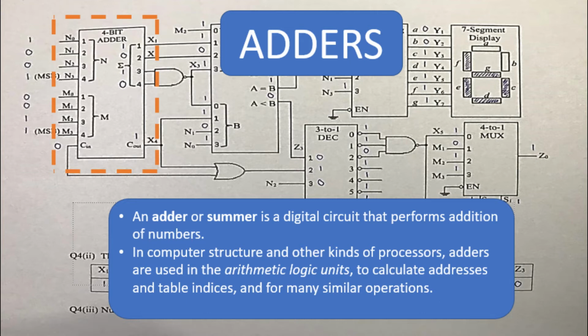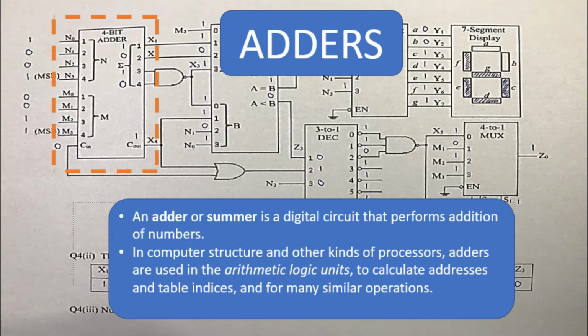At the input, first we have N and M. N has been given, and this is the MSB, so we need to read it from behind, or at the header we need to read from the bottom to the top.